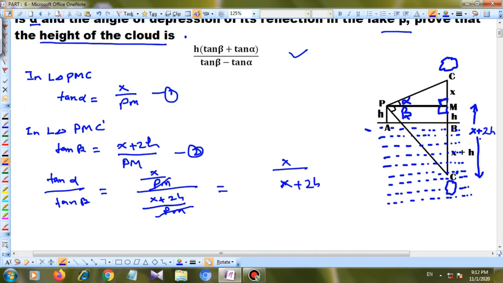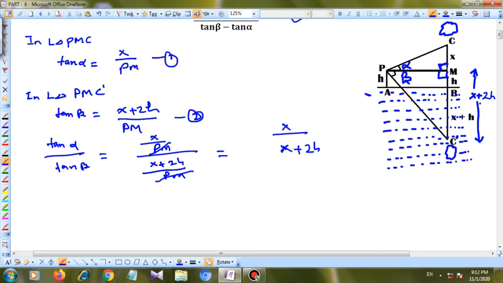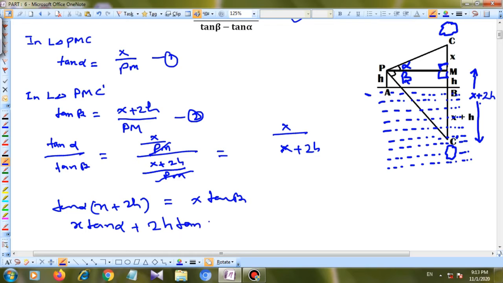Now after cross multiplication we will get tan alpha into (x plus 2h) equal to x tan beta. So this is x tan alpha plus twice h tan alpha equal to x tan beta.